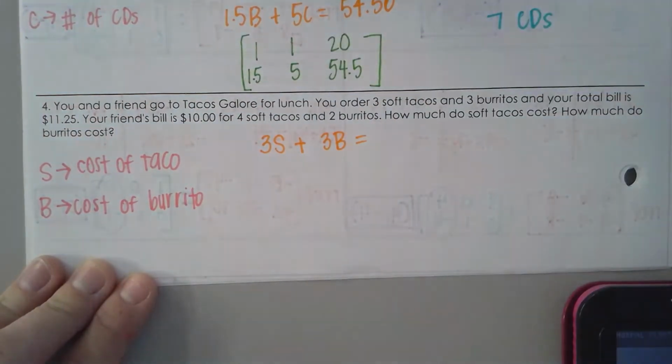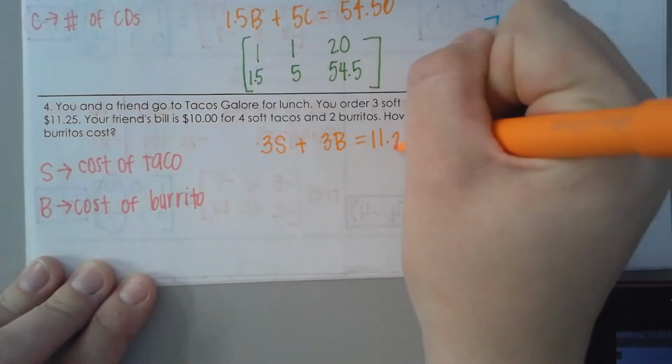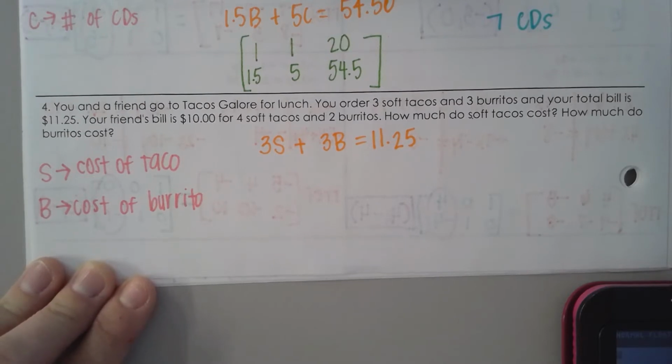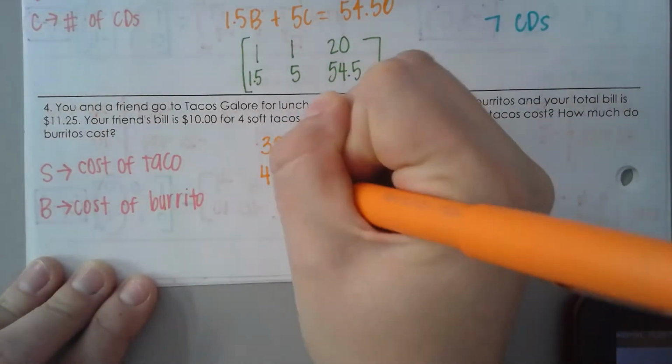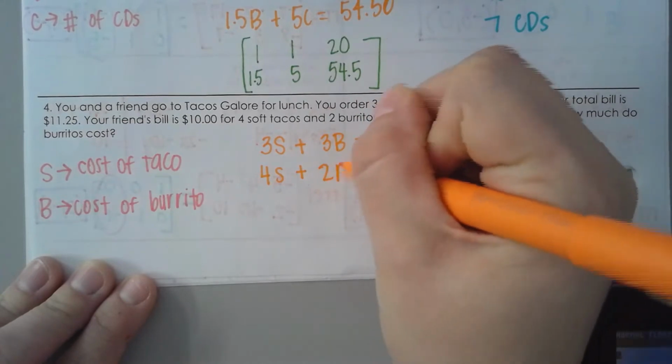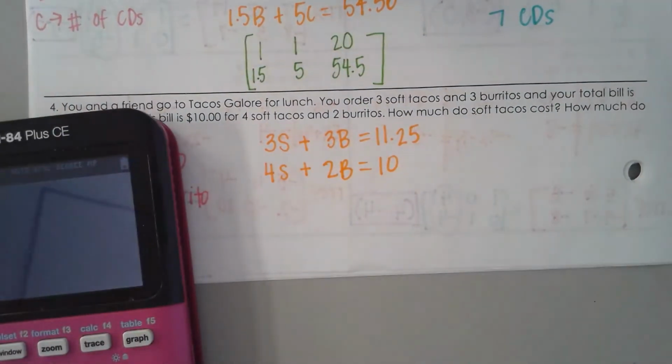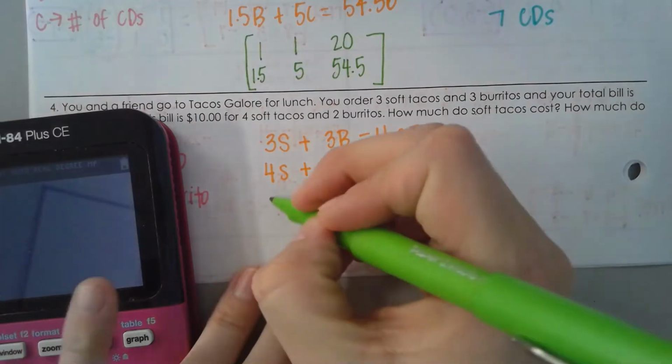And that equals $11.25. And then what about the friend's bill? 4S and 2B equals 10. Good. Put that in the thing. Yep.